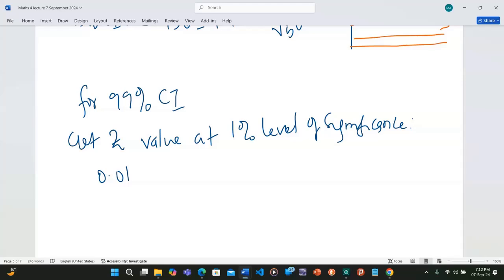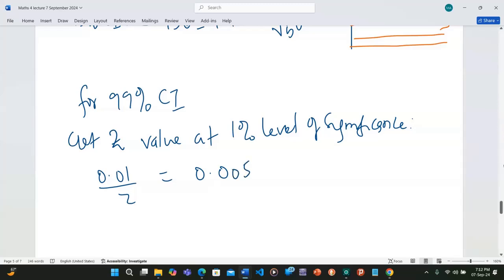If I divide it by 2, this is going to be 0.005.